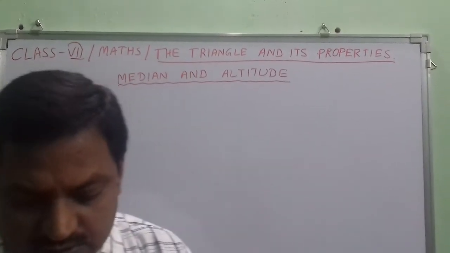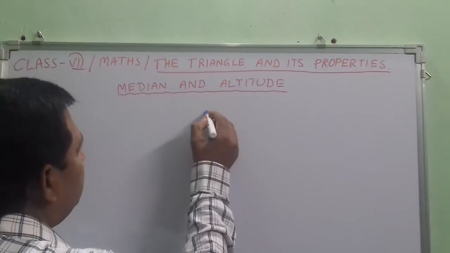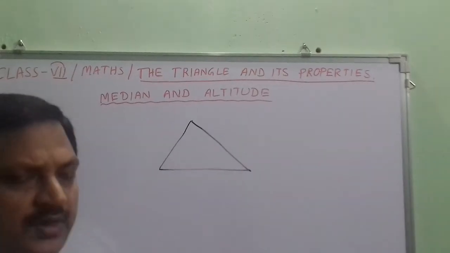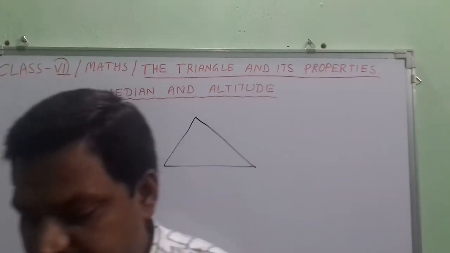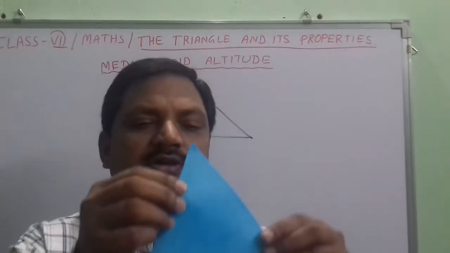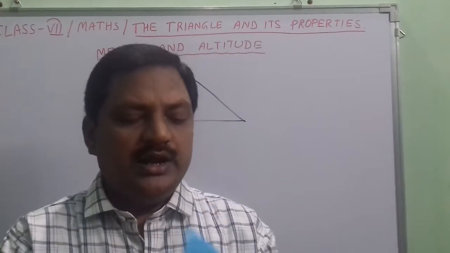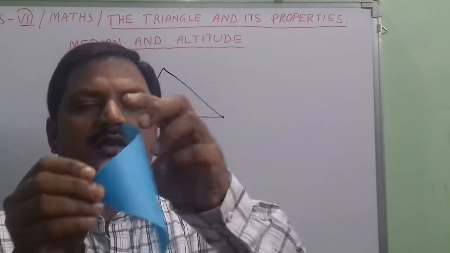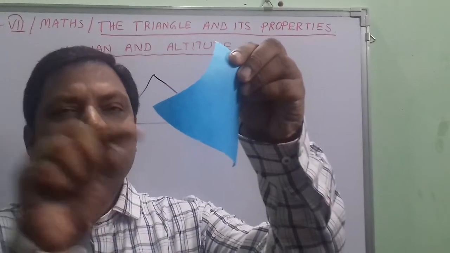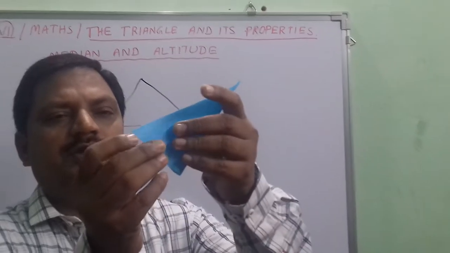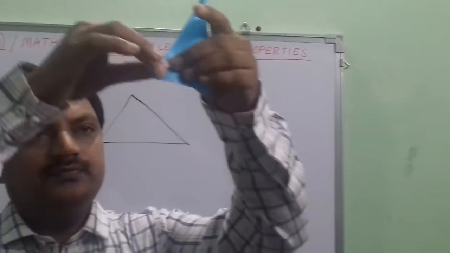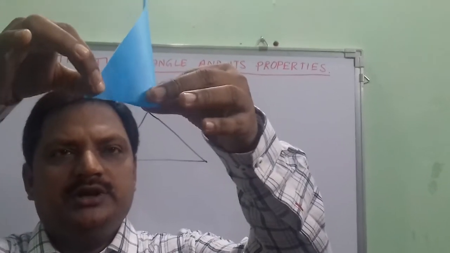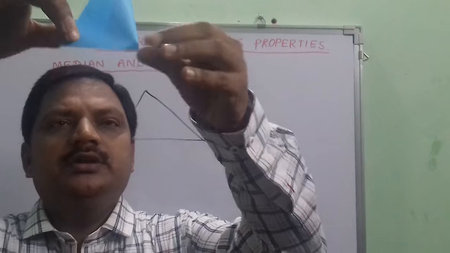When we take one triangle, where is the median? For this let us take one triangle. So this is a triangle and I have to find the median of this triangle. You take any side, just you see I am folding this and I have folded the base equally.